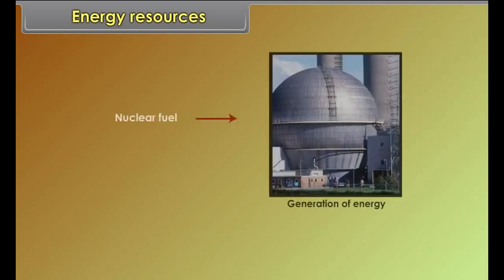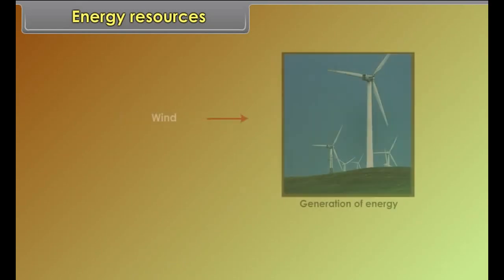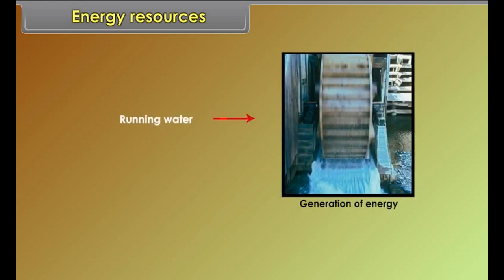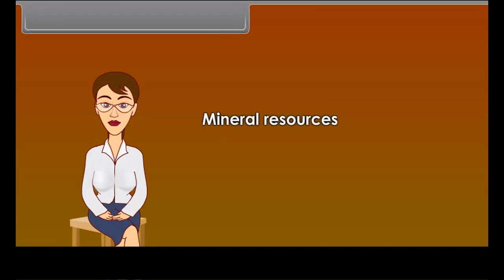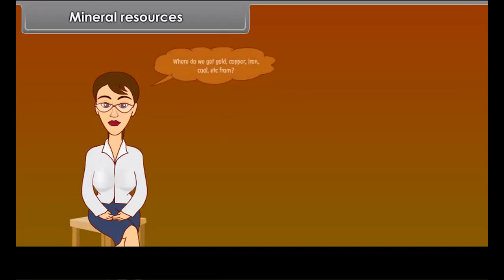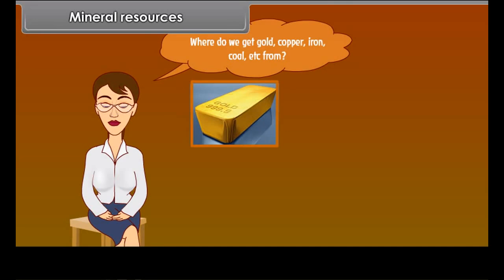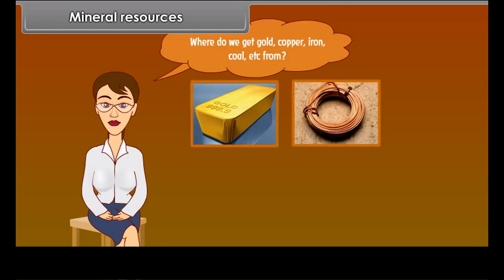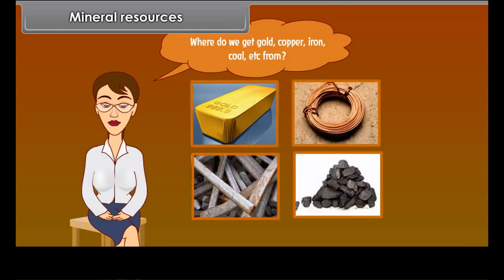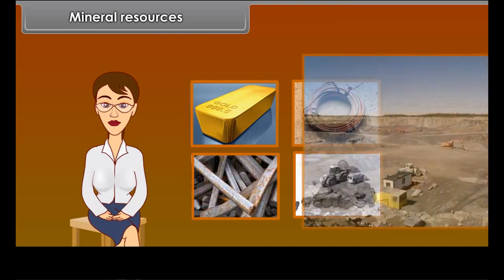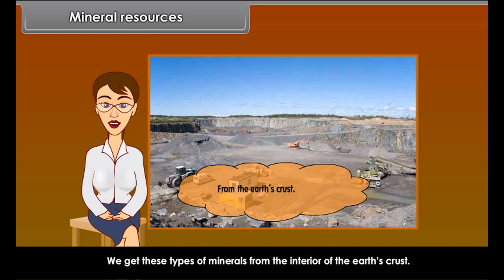Resources which are used for generating power or energy is known as energy resources. Now, we can list out some energy resources through which we can generate power or energy. Coal, natural gas, petroleum, nuclear fuel, wind, running water.